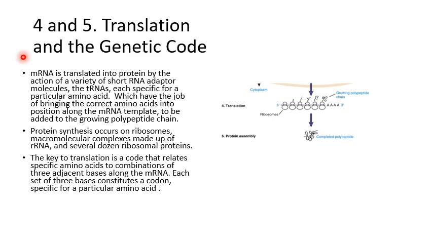And the key to translation is a code that relates a specific amino acid to a combination of 3 adjacent bases along the mRNA. Each set of 3 bases constitutes a codon, and this is specific for a specific amino acid.